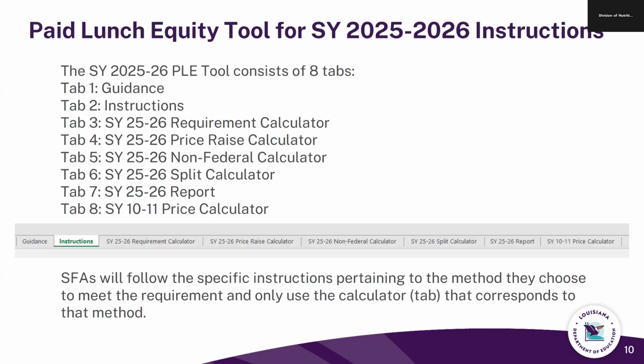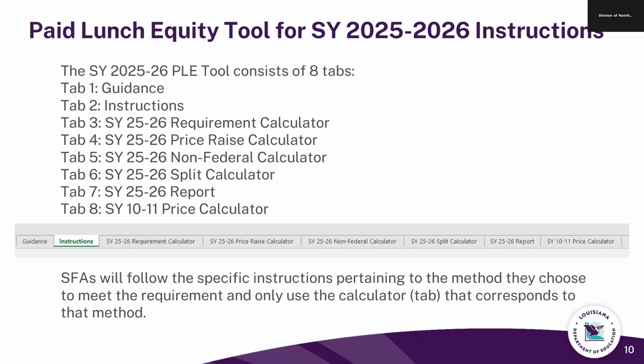Just as a reference, the PLE tool consists of 8 tabs. You have a guidance tab, you have an instructions tab, and then you have the different tabs based on what method you're choosing. So you have the 25-26 requirement calculator, the 25-26 price raise calculator, the 25-26 non-federal calculator, the 25-26 split calculator, and then your 25-26 report, and also the 2010-2011 price calculator for those that need to go all the way back to 2010-2011.